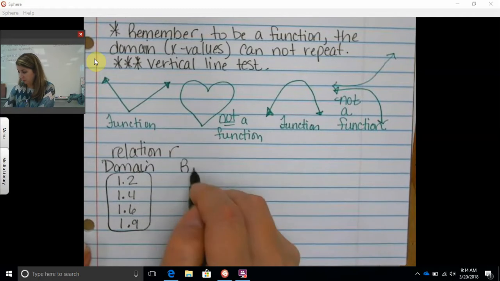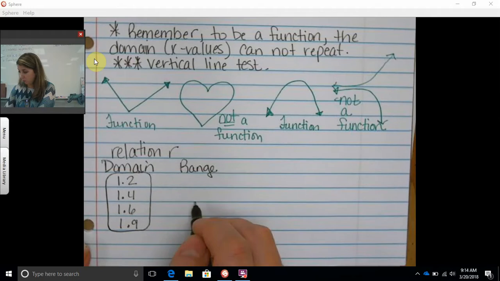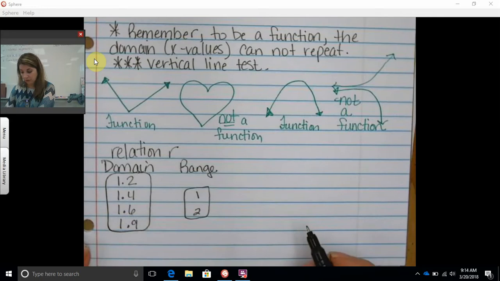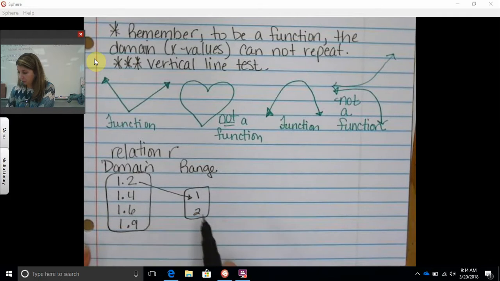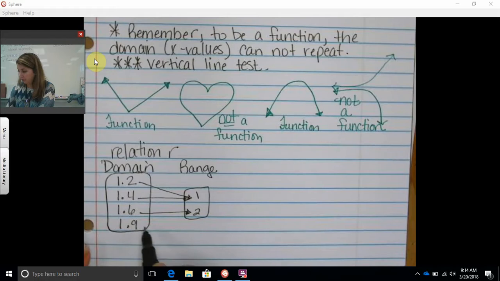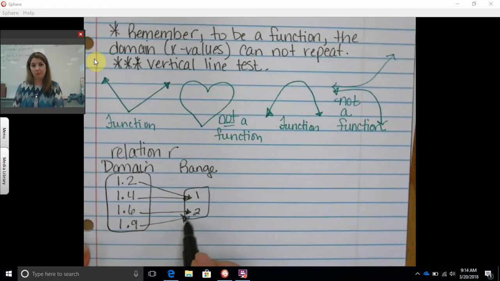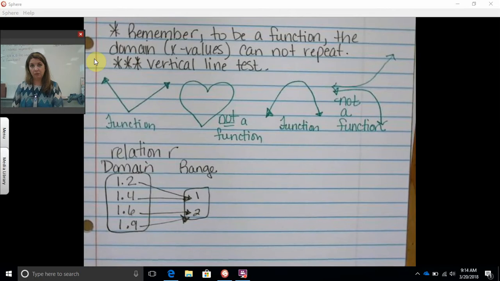My range is I have a 1 and a 2. 1.2 goes with 1. 1.4 goes with 1. 1.6 goes with 2. And 1.9 goes with 2. This is a mapping diagram. It's just a different way to write ordered pairs, okay?